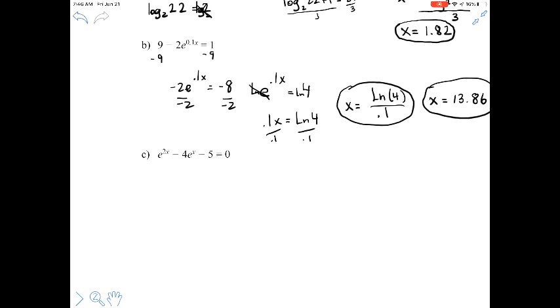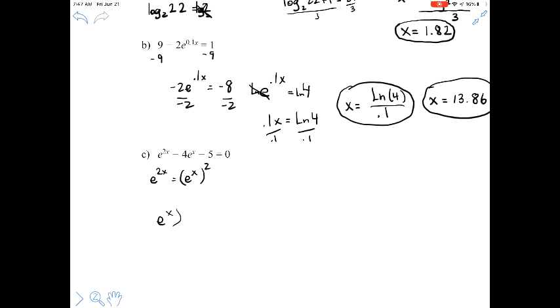Okay, part C is a very particular kind of exponential equation that we saw in 4.5. It is exponential, that's going to require logarithms, but it's also quadratic in form. What I mean is e to the 2x is the same as e to the x squared.